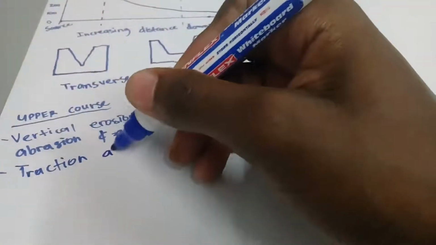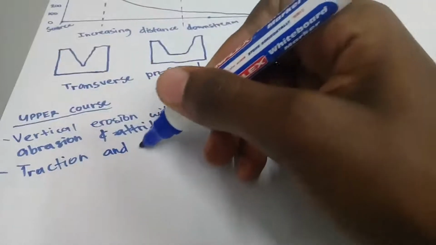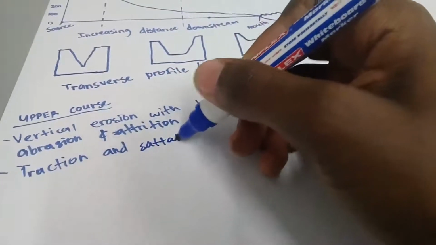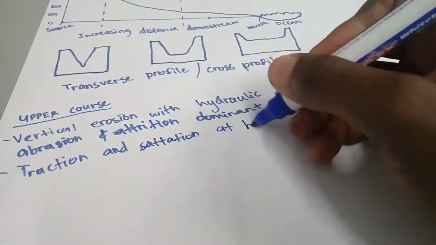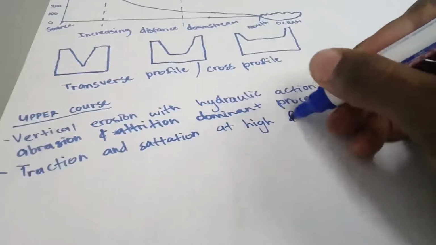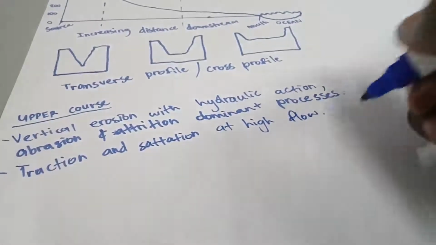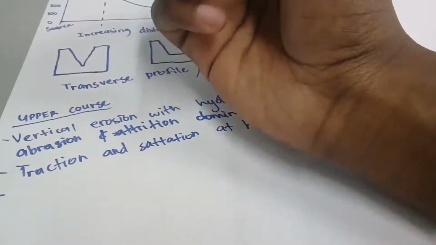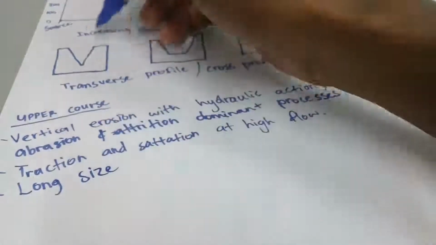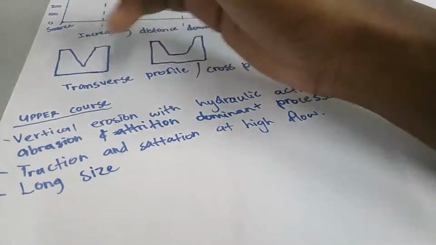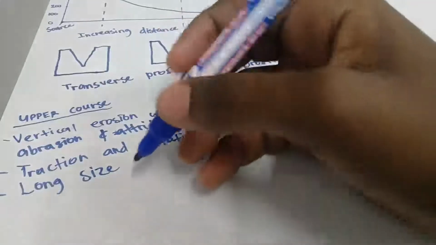Also, the load size is large and angular, you can see the size is very large and angular, V shape.